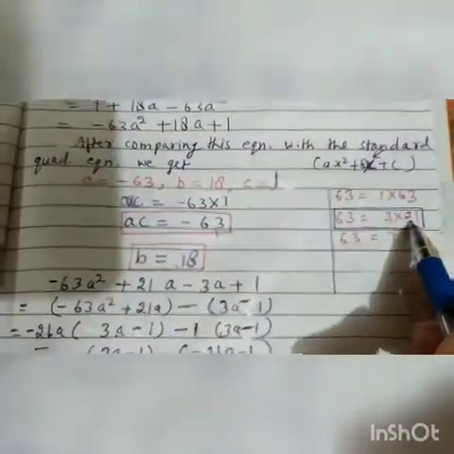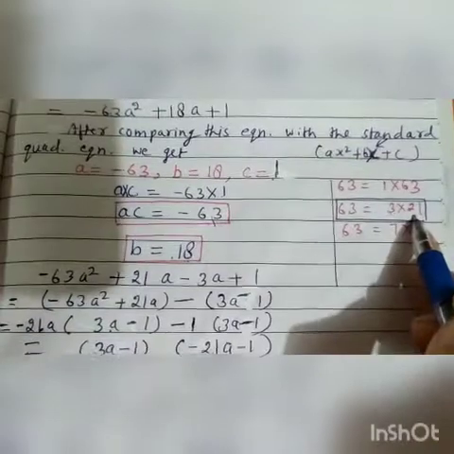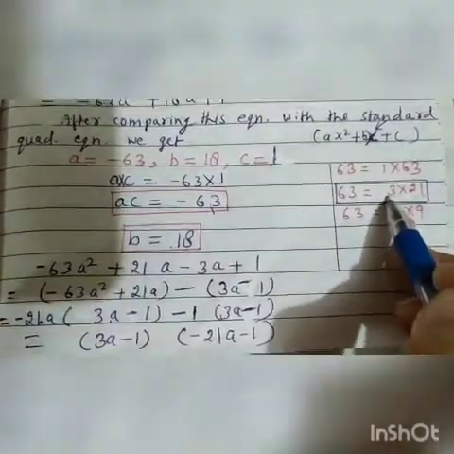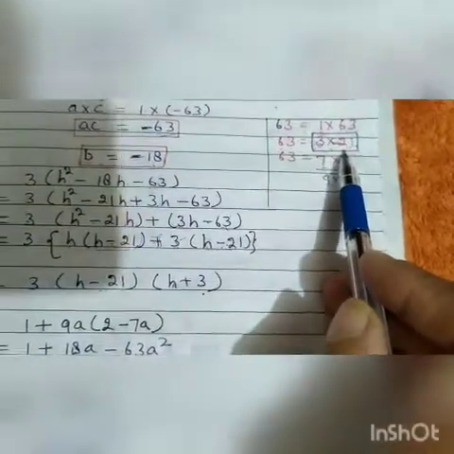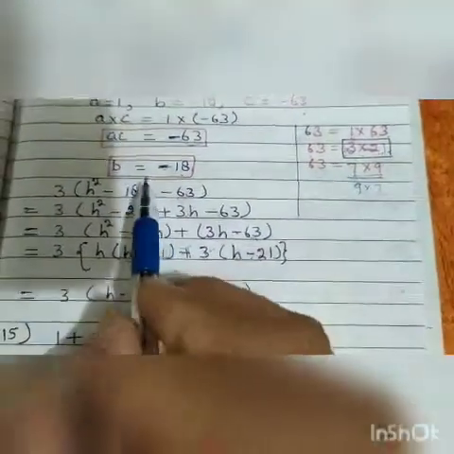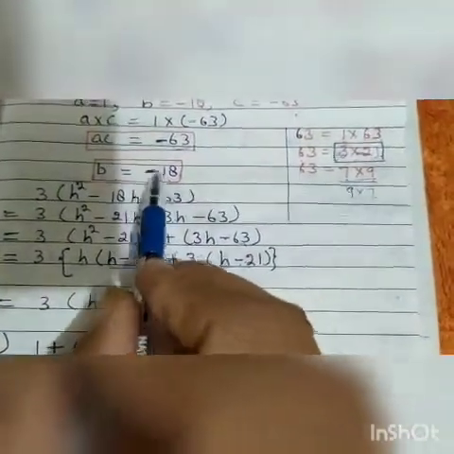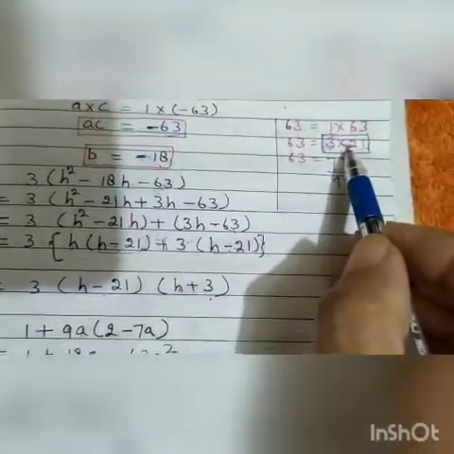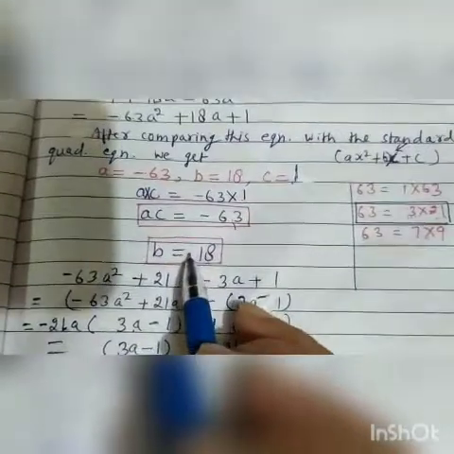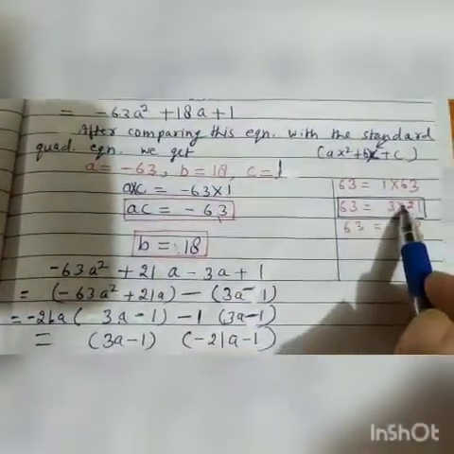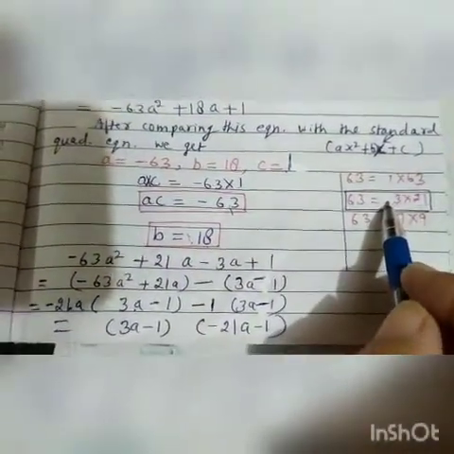If we subtract this 3 from 21, we will get 18. Here also we have subtracted 3 from 21, but here the value of b is negative, so we have put this negative sign with the greater number. Here the value of b is positive, so we will put the plus sign with the greater number and the opposite sign with the smaller number.